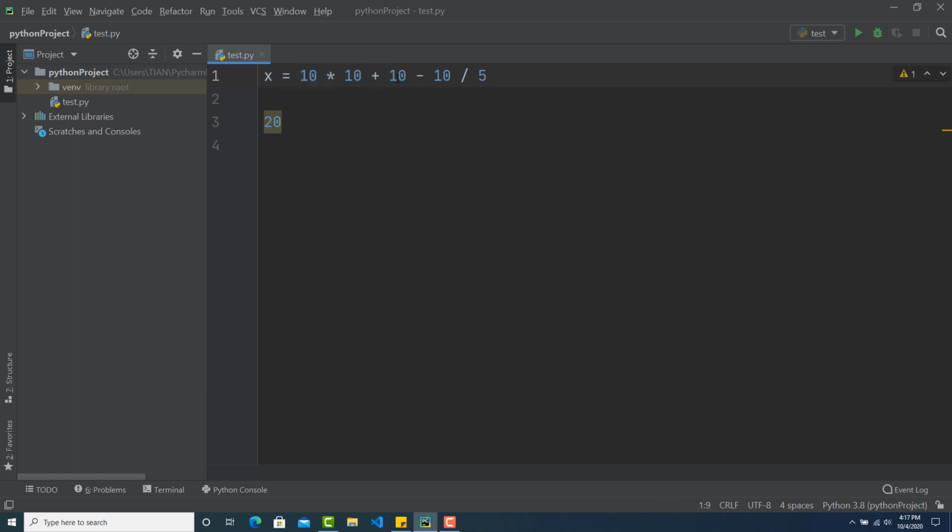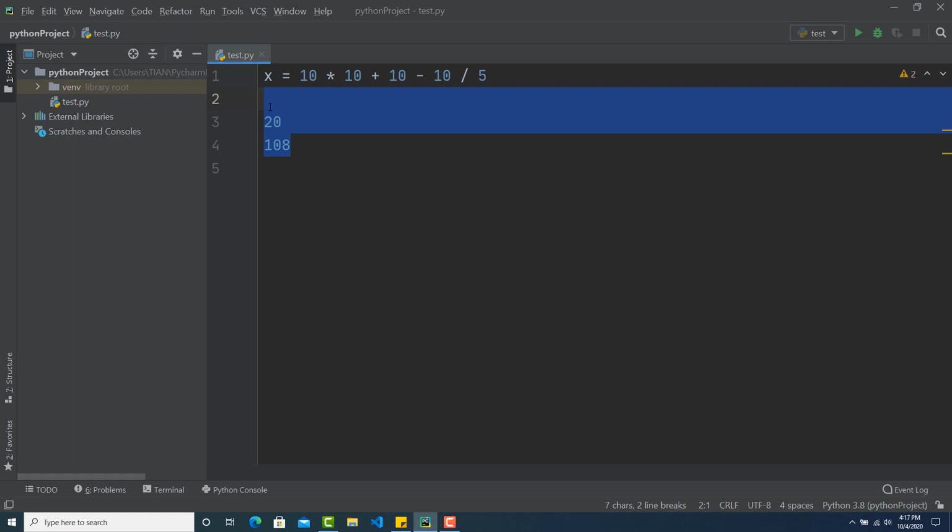Then the next operation is 100 plus 10, which is 110, and last we have the subtraction. We have to get rid of 2. So 110 minus 2 is 108. So the final result that you will see is 108, not 20.